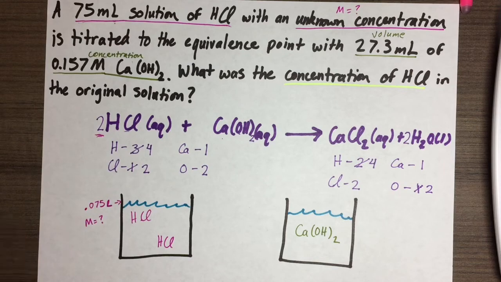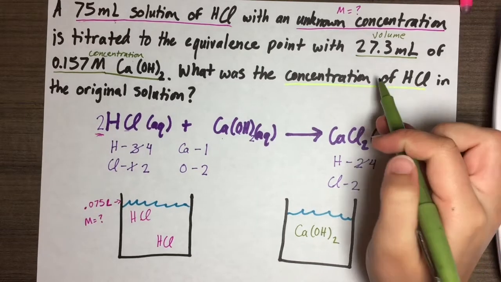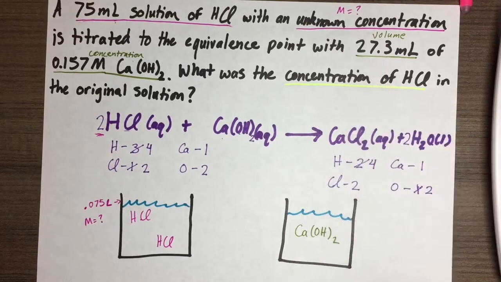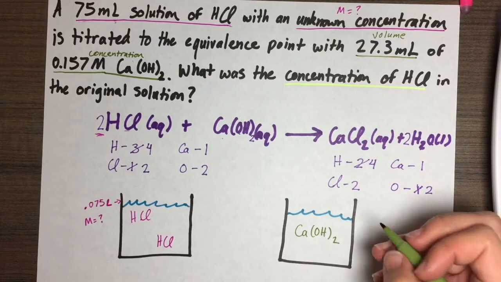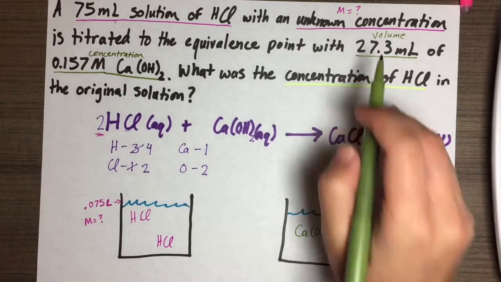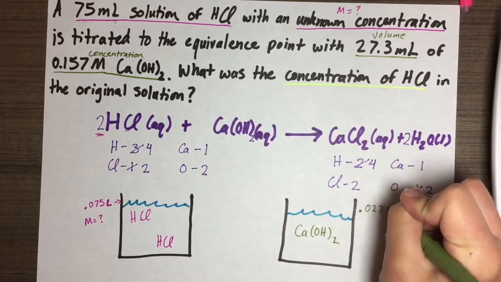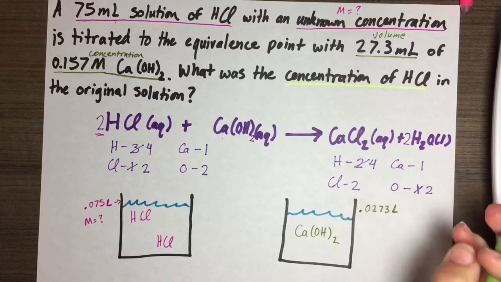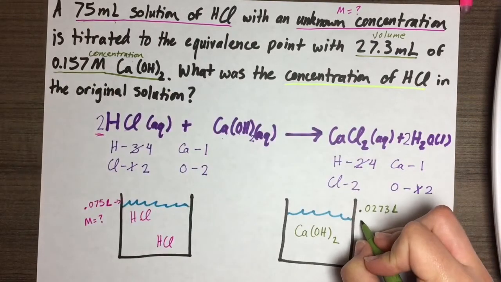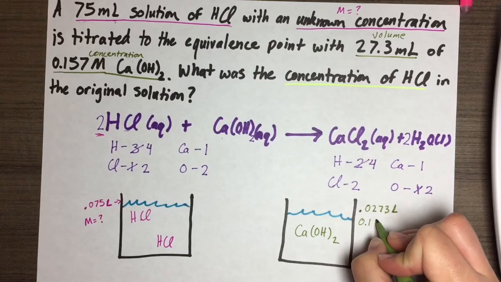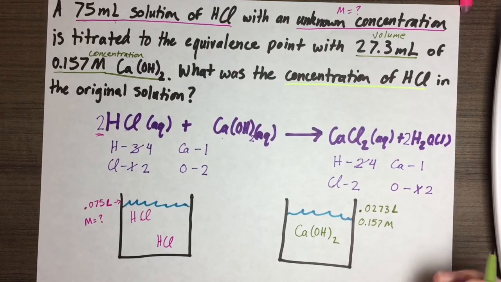Over here, again, I'm going to convert this to liters right off the bat because it'll make it easier when you are solving the problem. You already have everything converted to what you need rather than trying to convert at the end where some mistakes can happen. So I'm going to divide this by 1,000, which will give us 0.0273 liters.